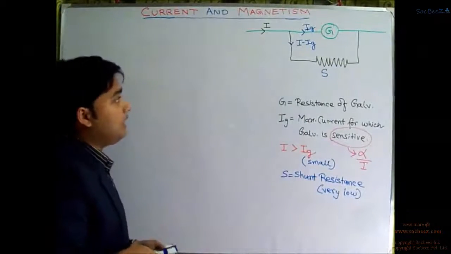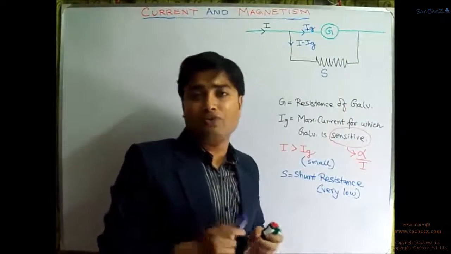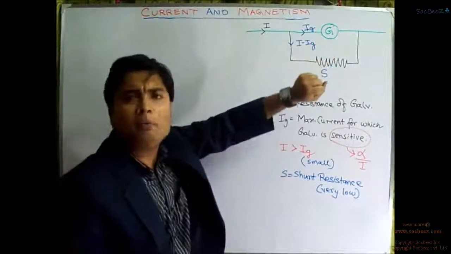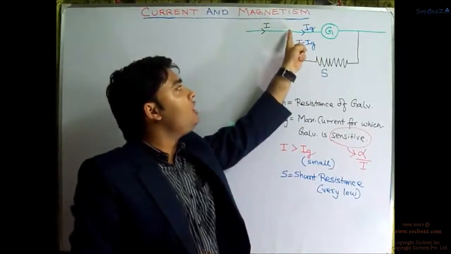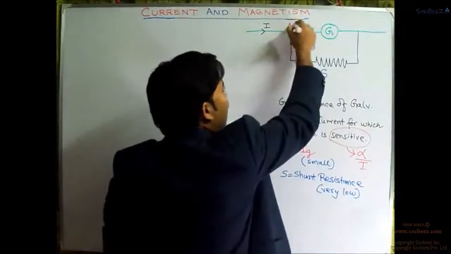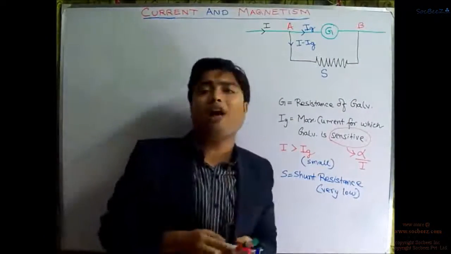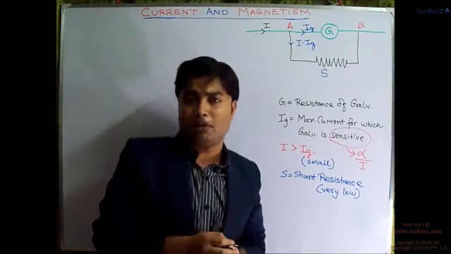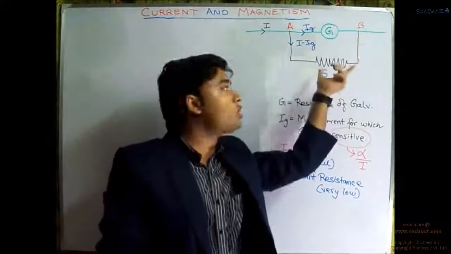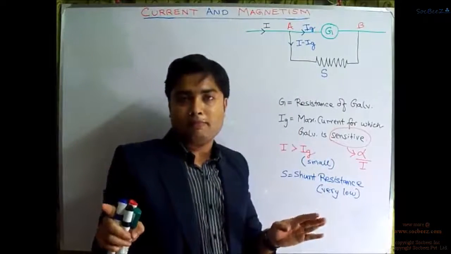So over here, if this is a parallel combination, as we know from current electricity, the potential difference across these two points, for example this A and this B, will be V, say. So the potential difference across the galvanometer and across the shunt resistance will be the same, right?